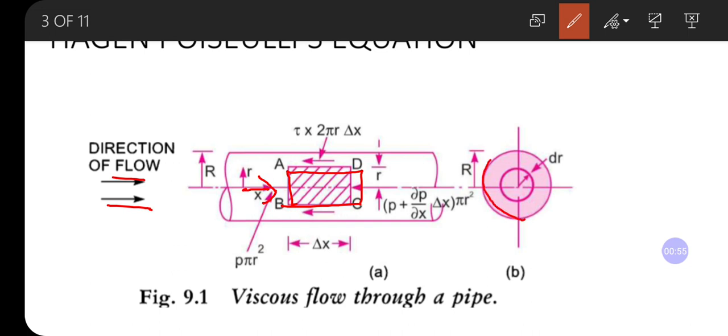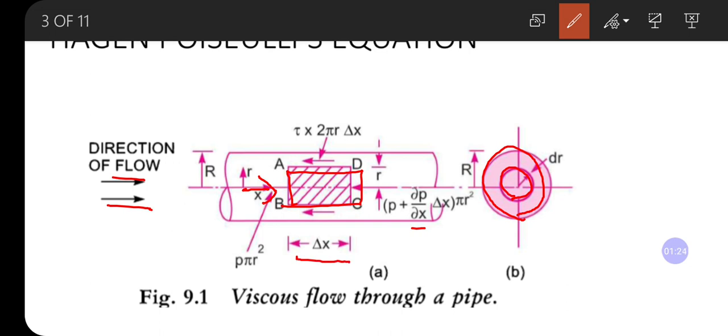We can see that this is the pipe and this is the circular element of thickness dr. So its area is pi r square. So total pressure force is p pi r square acting normal to surface AB, and in this direction total pressure force is p plus delta p delta x into pi r square, because the length of this particular section selected is delta x.